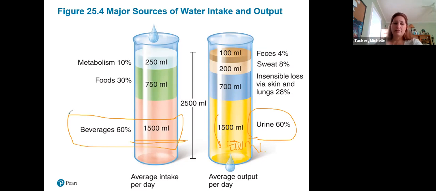If, on the other hand, we are being very good and remembering to drink lots and lots of water, then we can increase that urine output to match. But in general, the intake should match the output.